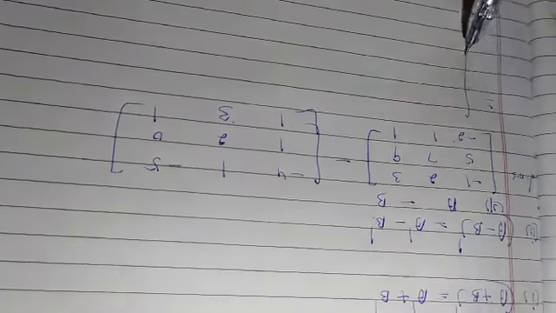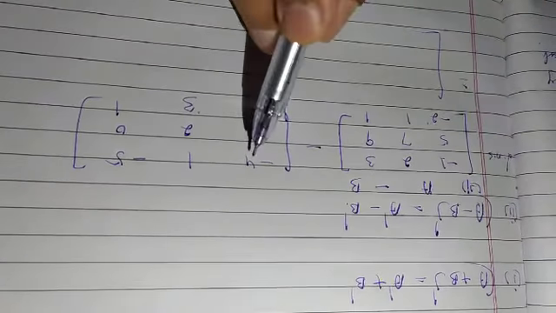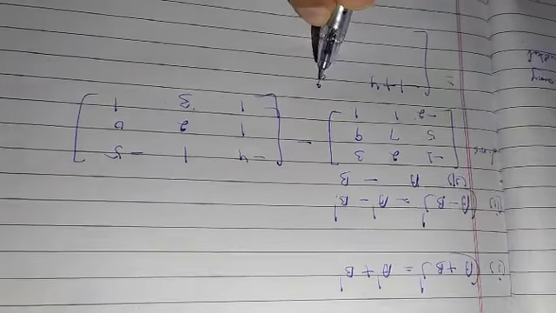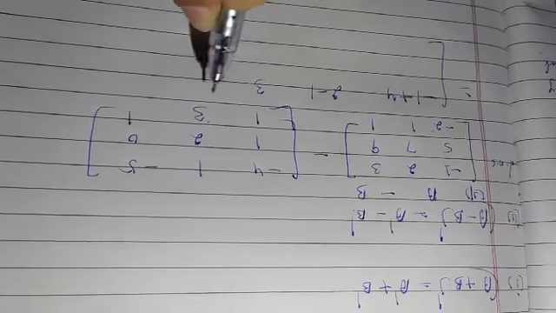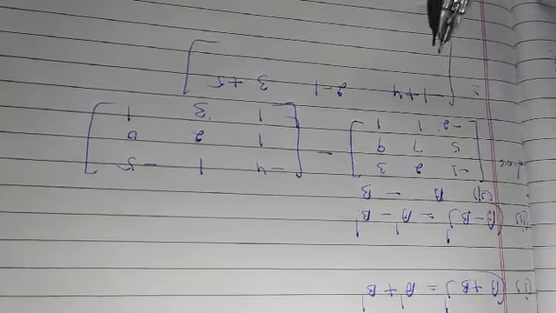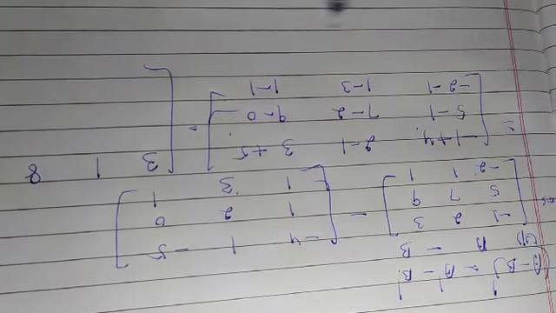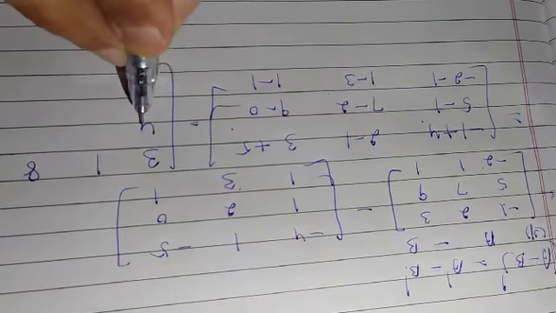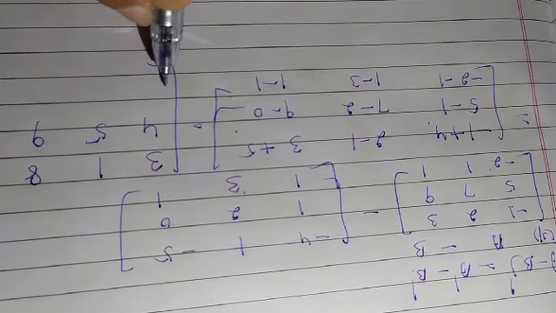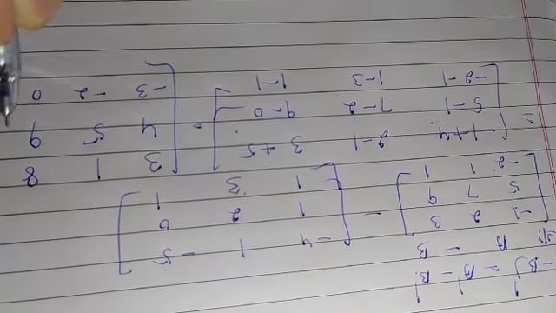Subtract A minus B: minus 1 plus 4, 2 minus 1, 3 minus minus, plus 5, and so on. We get 3, 1, 8, 4, 5, 9, minus 3, minus 2, 0.